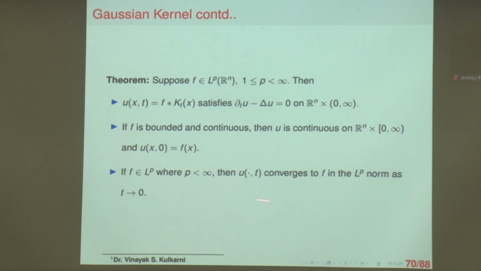Once again you can see this is written in the form of the Poisson integral formula. So the solution exists. When f is bounded and continuous, the solution satisfies the initial condition. And of course, as we are talking about the multi-index, here it is better to consider the L^p space, and this convergence can be checked in the L^p norms.